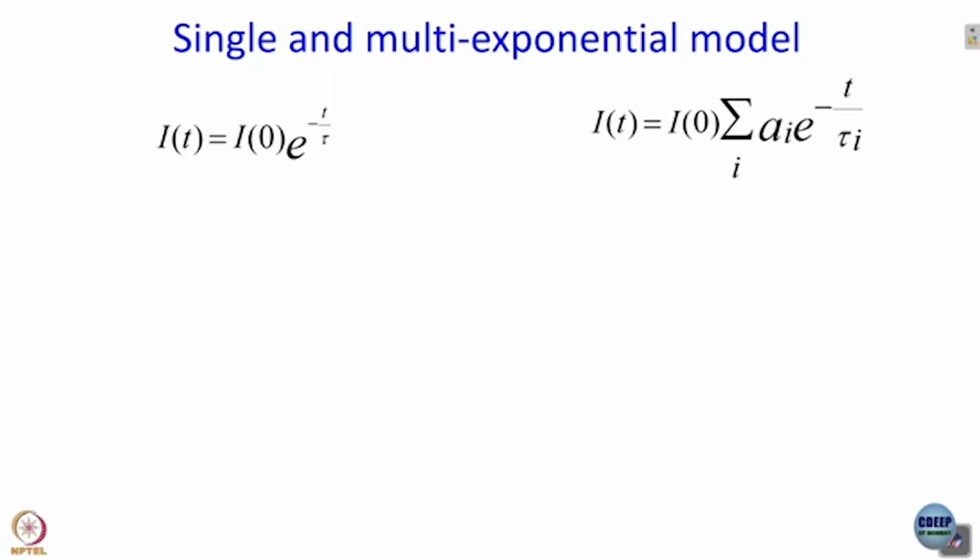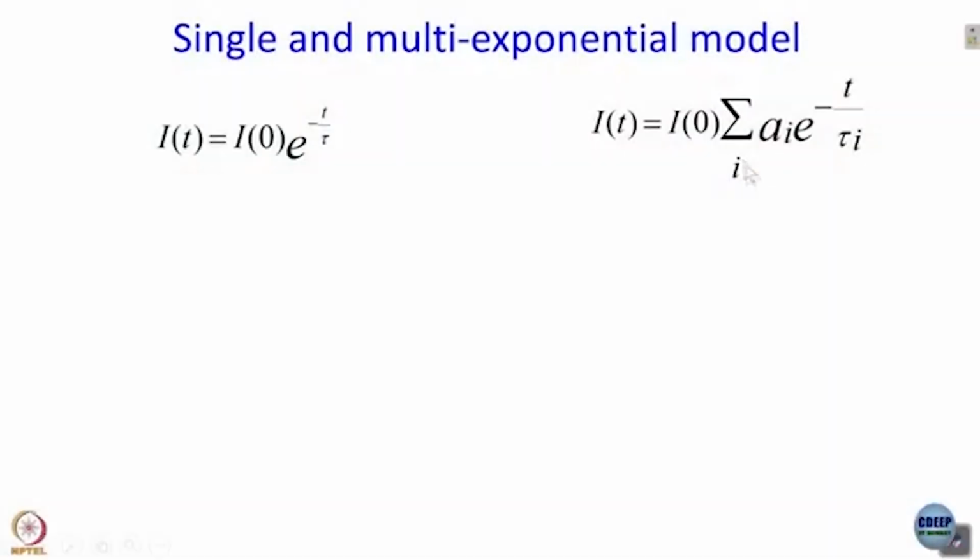The best way to do that is to make a semi-log plot where y axis counts is in logarithmic scale, x axis time is in linear scale, and have a look at it. What will the shape of this curve be if it is a single exponential decay? It is going to be a straight line, and if it is not a single exponential decay, then it will not be a straight line. So, that is the first question to ask. So, if it is a straight line, then actually if you fit it to 2 or 3 exponential terms, then it will still fit very well, but it will not make any sense.